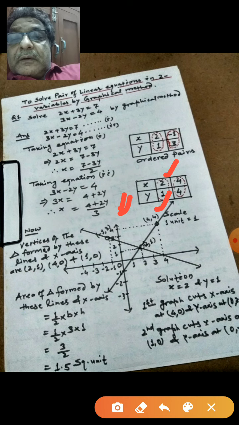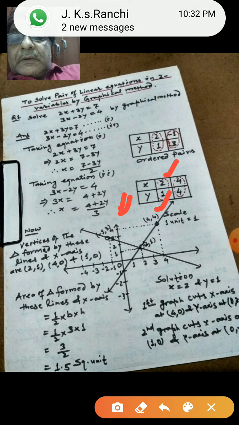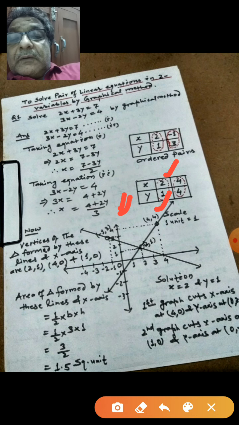Another pair we need, because one pair means one point, and one point doesn't determine the direction of the graph. So for this we must take at least two pairs. So we find the second pair in the same way: putting y equal to 4, we get 4 plus 2 into 4, that is 4 plus 8, 12 by 3, that is 4.